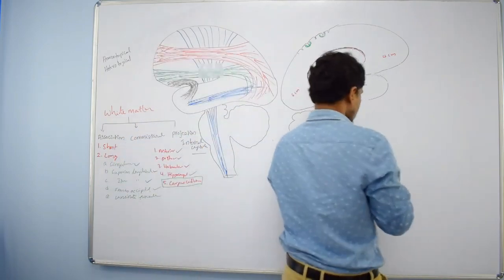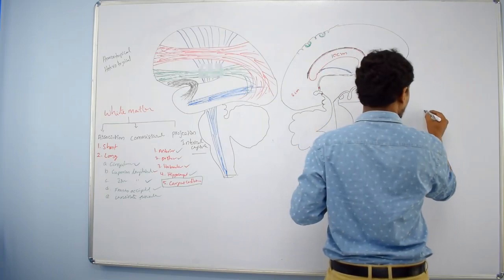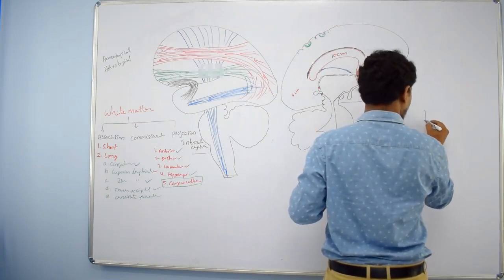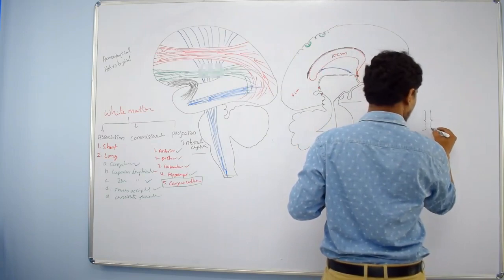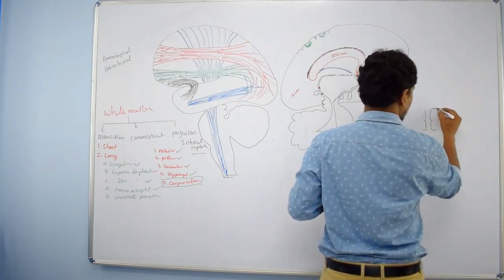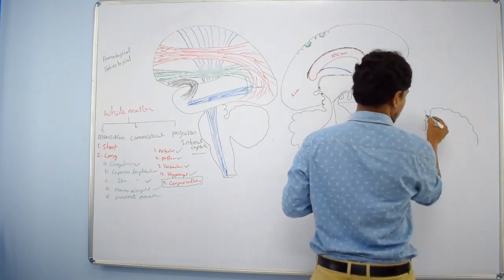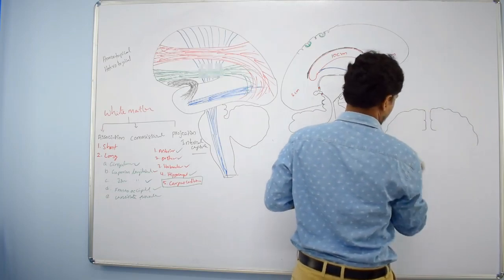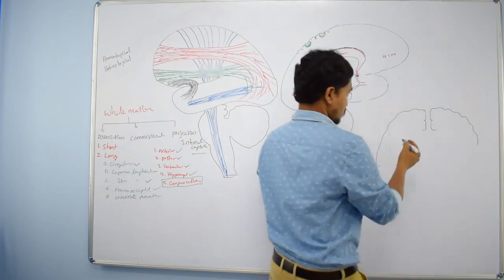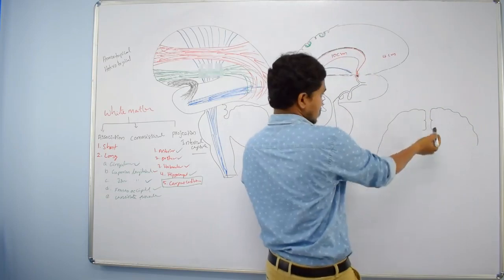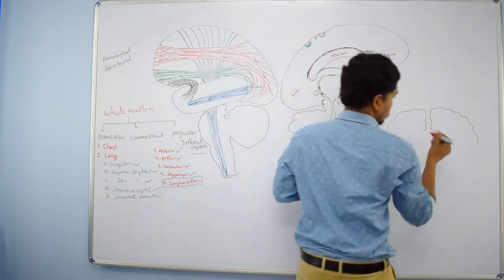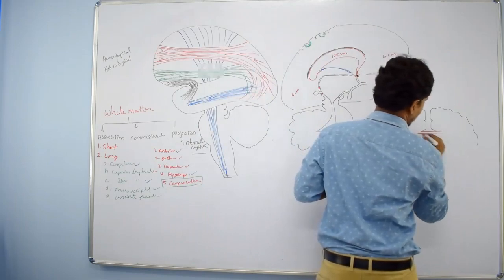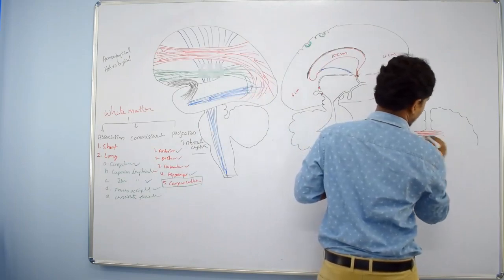So let me take the diagram. So this is the medial surface. Of course, this is the cerebral hemisphere, right and left. Immediately below this is the corpus callosum.